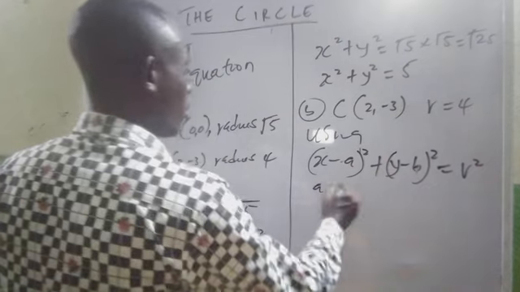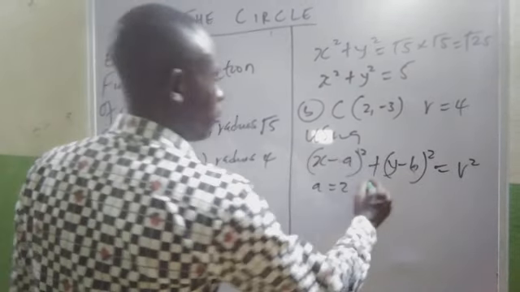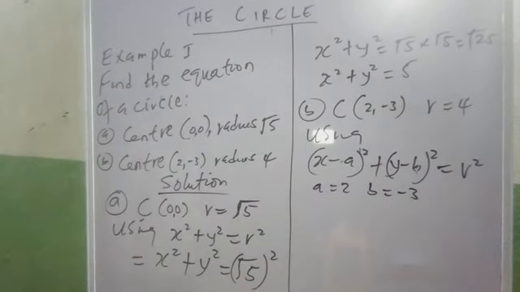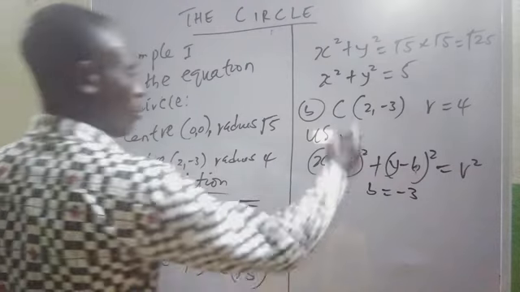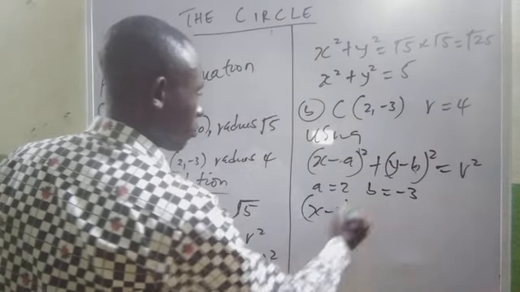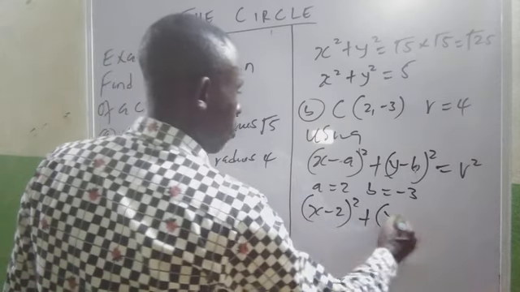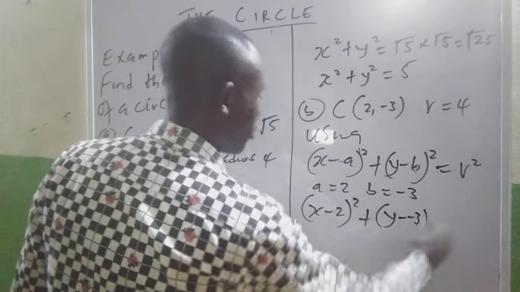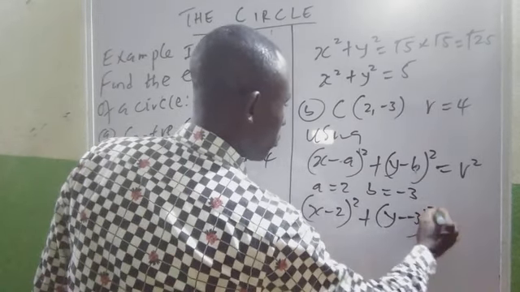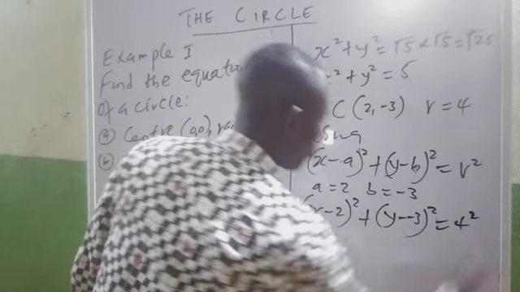Our a here is equal to 2 and b is equal to minus 3. So if I substitute into the formula, I'll have x minus 2 squared plus y plus 3 squared equals 4 squared.